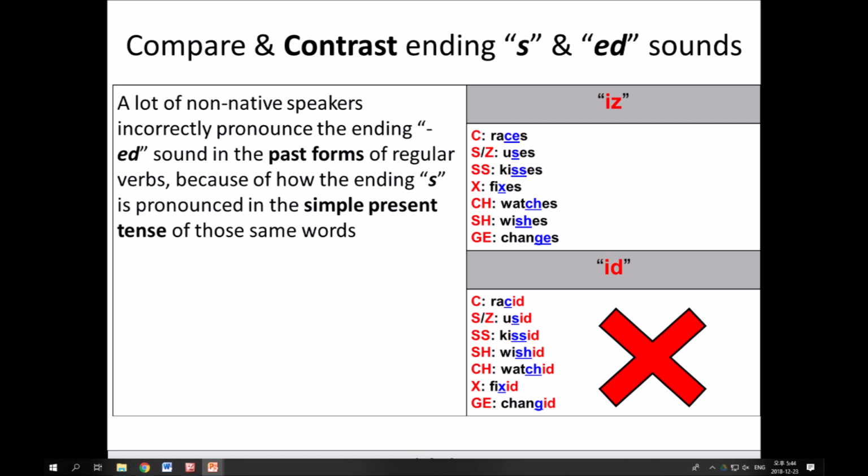of those same words. So, for example, someone will correctly say races, but then because they're thinking, okay, when I say race with the S pronunciation, it's race-iz, then it must be the same when I change it to past tense, race-iz-d, right?